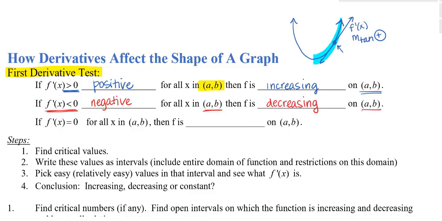And so if I highlight that original parabola here in green, that might be that section right there, because again, anywhere you look within that interval, if you take a look at the slope of that tangent line at any of those x values, it is a negative value. And then lastly, we say that if f prime of x is equal to 0, we say f is constant. It could be at one particular x value, or it could be, again, within a domain of x values.